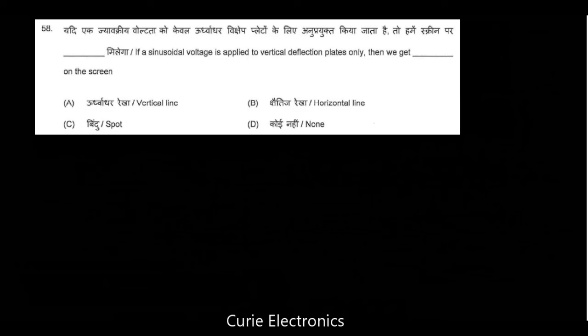Then we will get a single vertical line because only the vertical section is working and nothing is applied horizontally. So only a vertical line we can see. But if you see only a horizontal line on a TV or CRO, it means vertical section is not working.